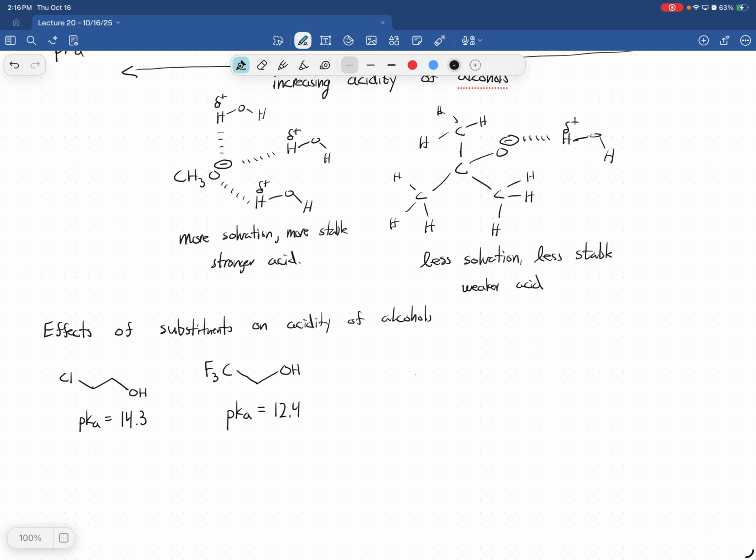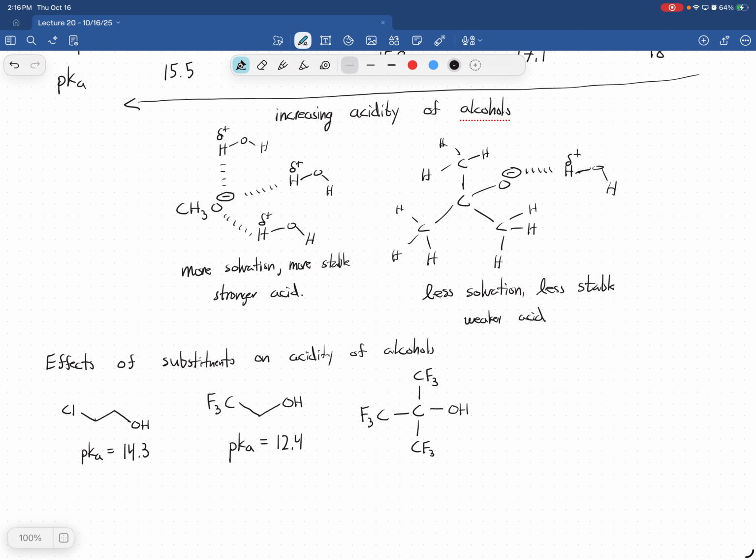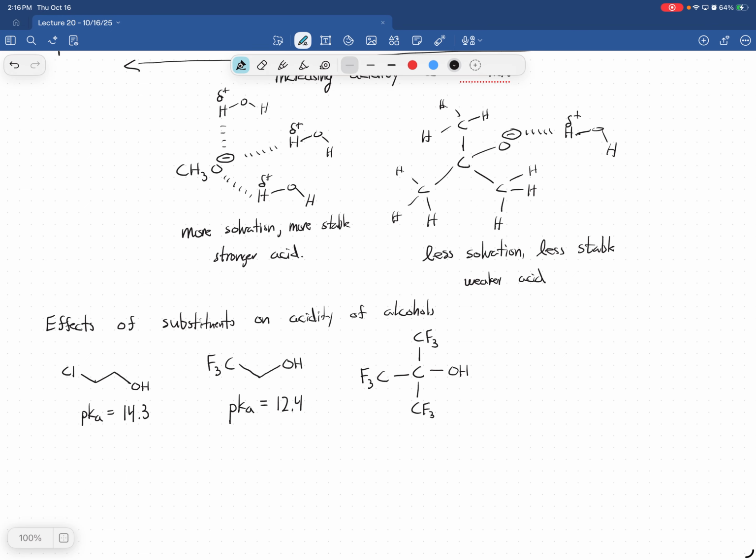Now, if we directly substitute electron withdrawing groups around the tertiary alcohol we just saw, all of them here. Remember, if we add all carbon groups, CH3 groups, the pKa was 18. But now if you substitute trifluoro groups all around, the pKa is now 5.4.